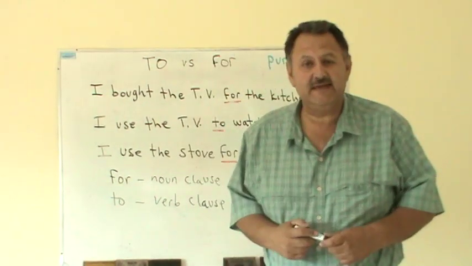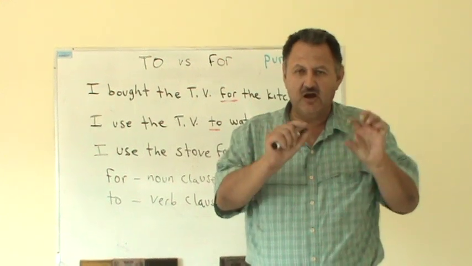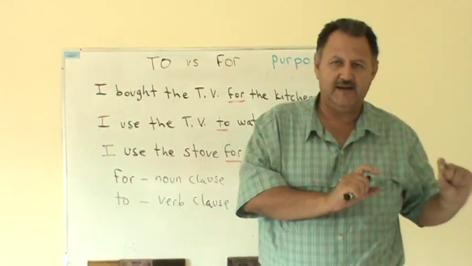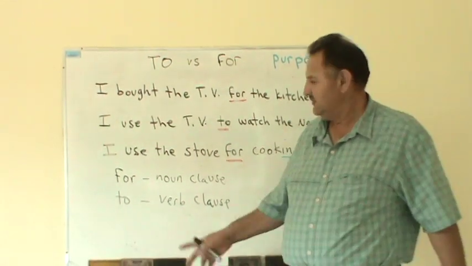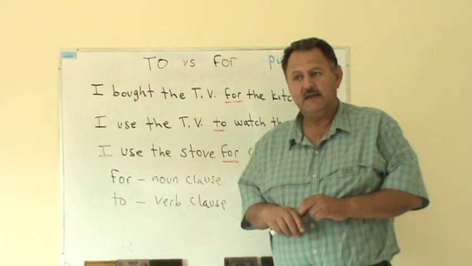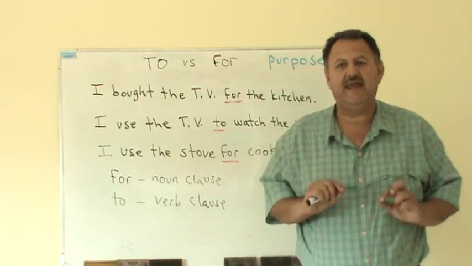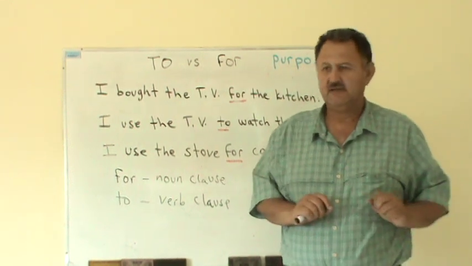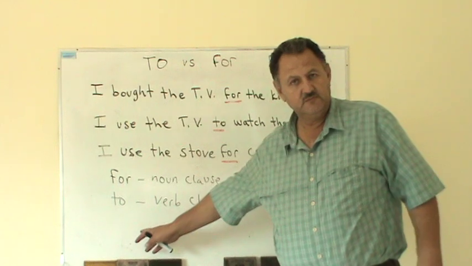Okay, it's an idea. So if we have an idea that talks about a noun, a thing or a person, we use "for". If we use an expression that talks about an action, that is a verb clause, and we use "to".